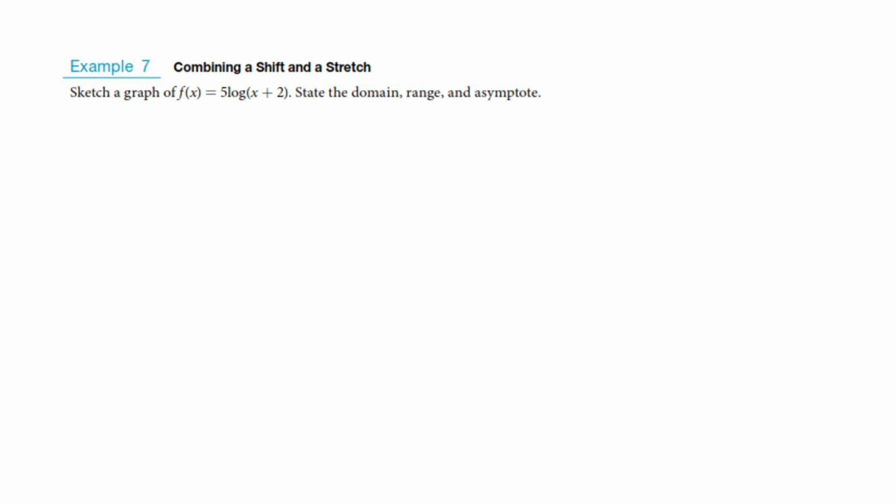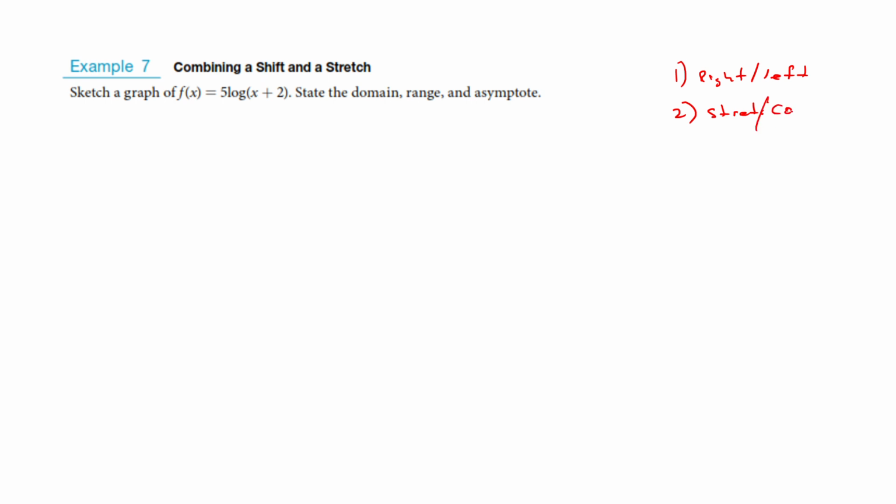Okay, so we've got a couple things happening here. Just trying to think if I should go through all these steps. I guess I should. I'm going to abbreviate this here. So we go right or left first with those horizontal shifts. Then we do any stretches or compressions.